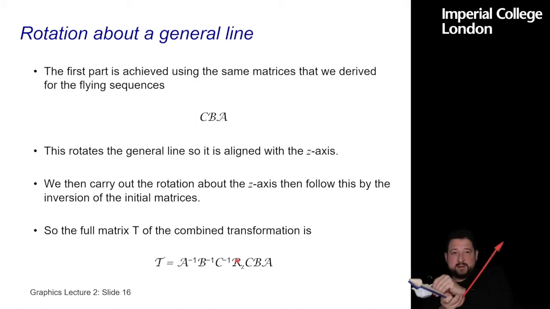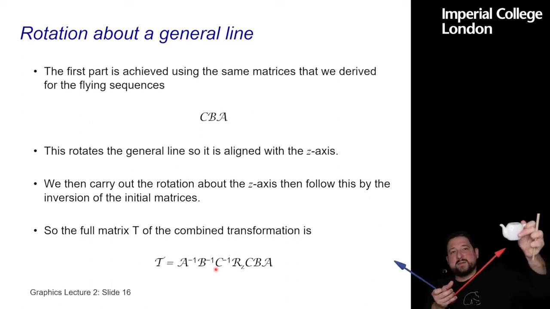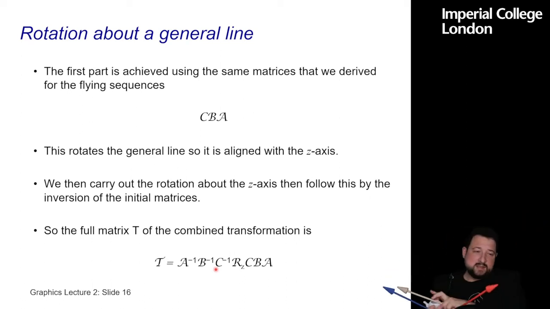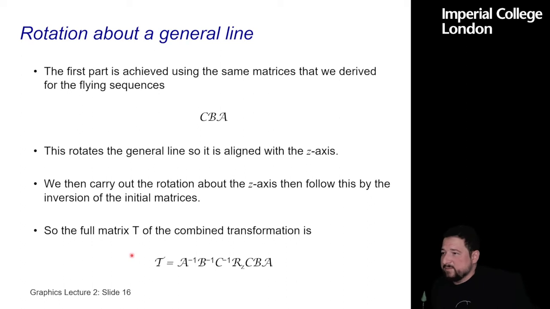I rotate that object in the origin, and then I undo all of that in the opposite order. I rotate back, and then I move it to somewhere. Okay? So again, this is a popular exam question. So probably have a look at that.